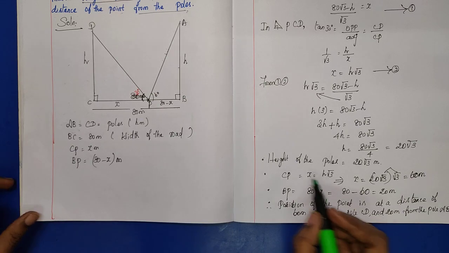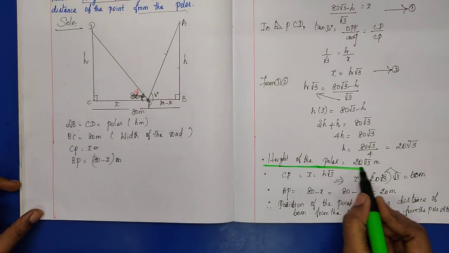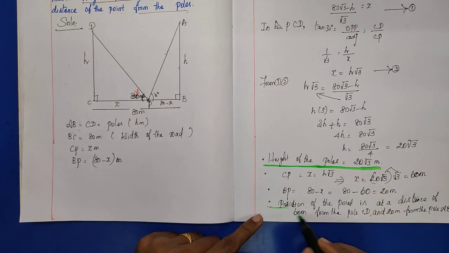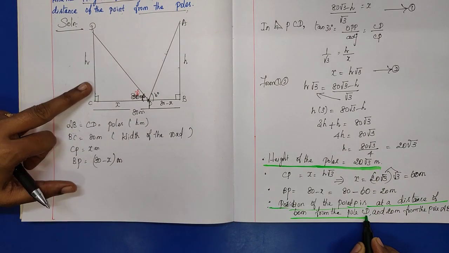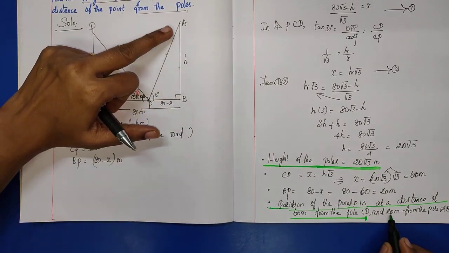Therefore, the height of the pole is 20 root 3 meter. The position of the point P is at a distance of 60 meter from the pole CD and 20 meter from the pole AB.